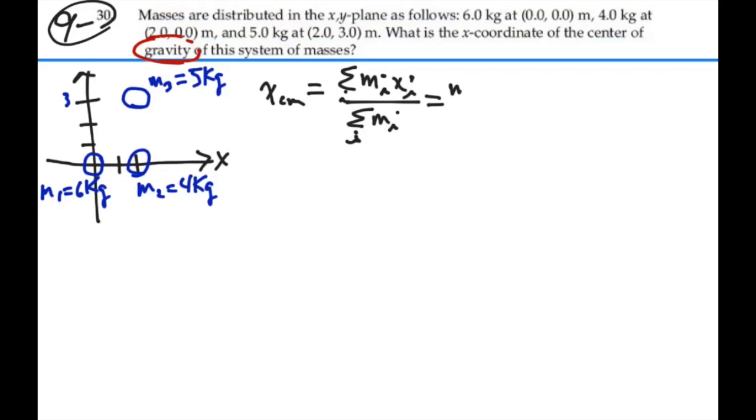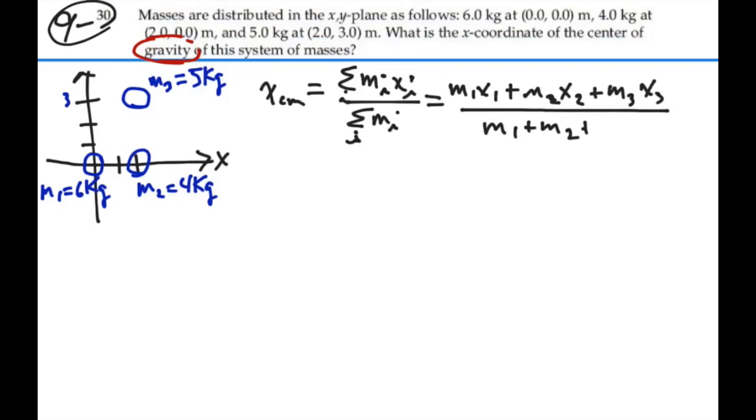So that's going to be mass 1, position 1, plus mass 2, position 2, all x positions, plus mass 3, position 3, all over the total mass of the system, mass 1 plus mass 2 plus mass 3.